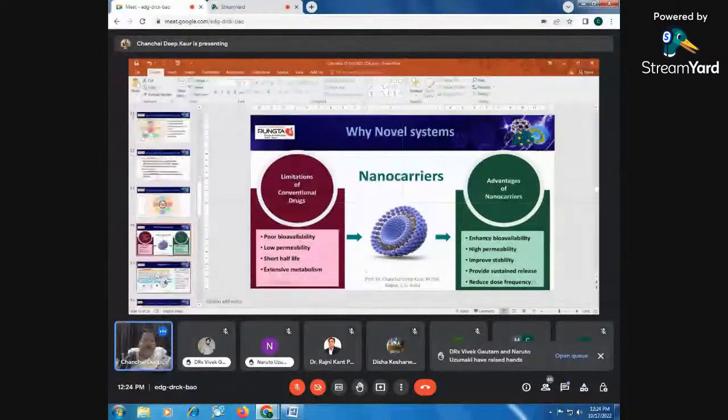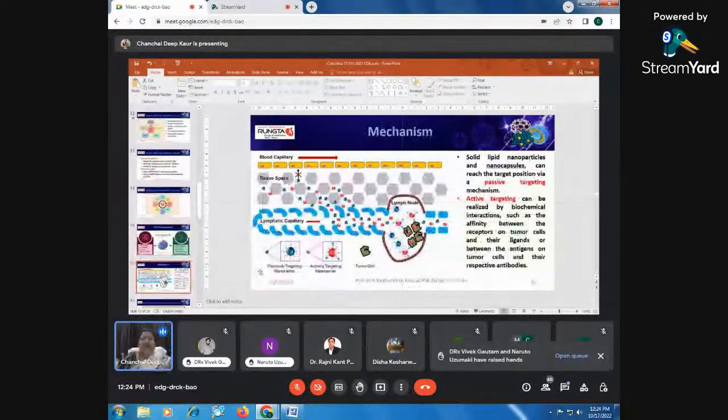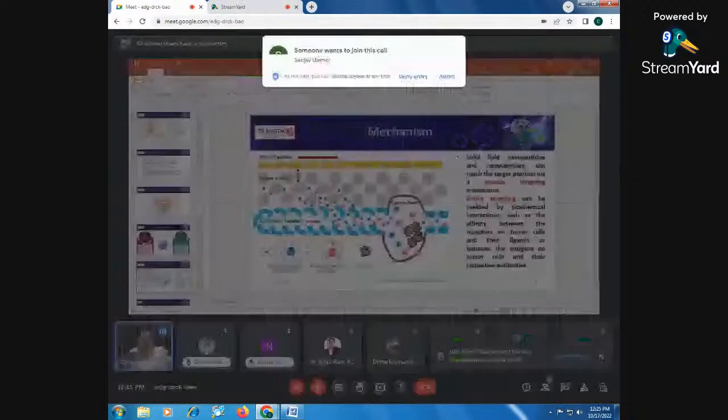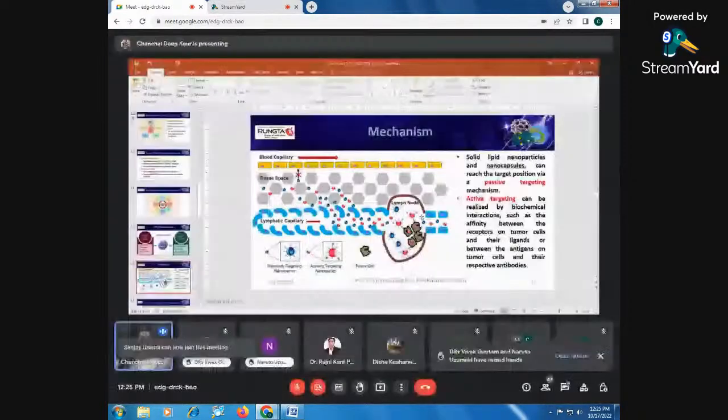Now you can see the mechanism. This diagram is taken from the internet. So here you can see that nanocarriers can act passively or actively. Solid lipid nanoparticles and nanocapsules can reach the target position via a passive targeting mechanism. And for active targeting, biochemical interactions should be present, like affinity between receptors on tumor cells and their ligands, or between antigens on tumor cells and their respective antibodies.